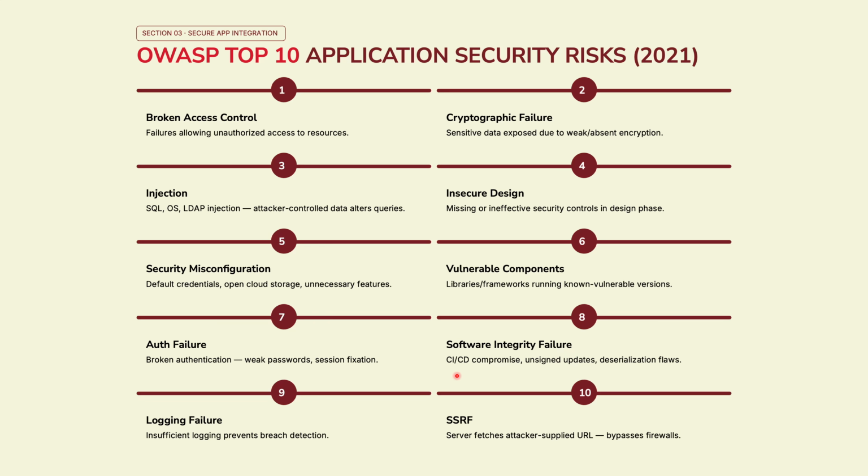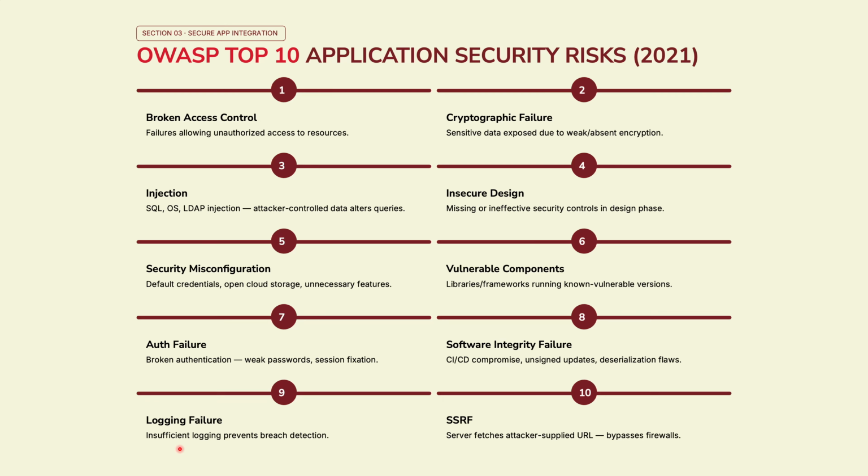They target CI/CD pipeline compromises, unsigned software updates, and insecure deserialization. Now, number 9, logging failure. They call it security logging and monitoring failures.